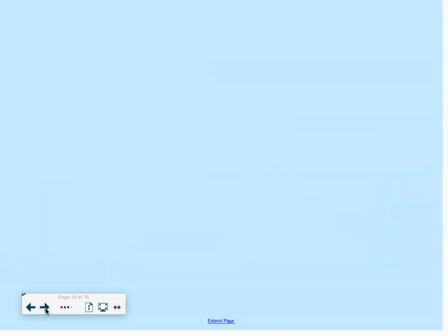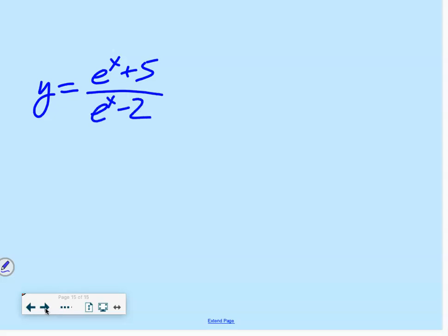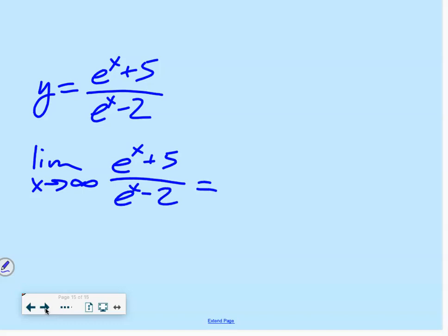And one more quick thing. If I ask you for the horizontal asymptotes, what do you think this limit is?